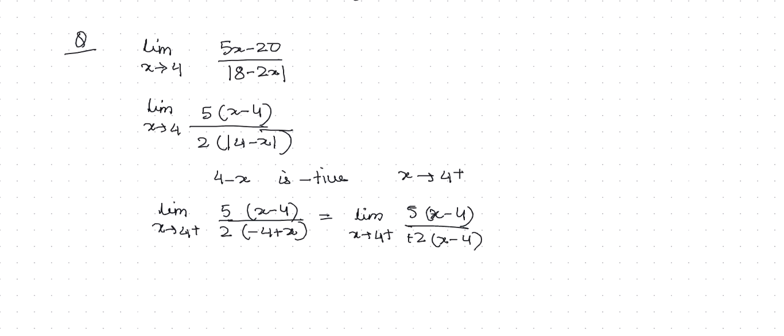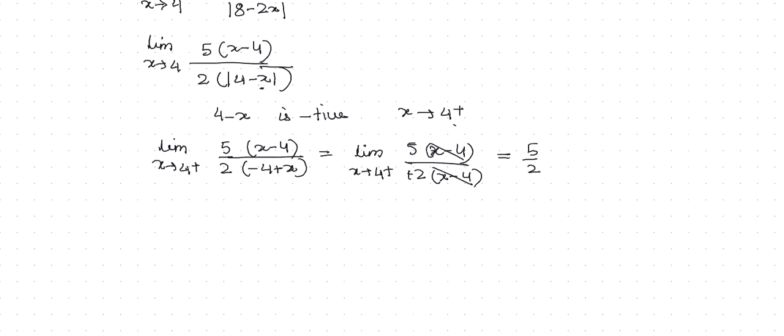So this would give us 5 by 2. Because 4 minus x would be negative as x tends to 4 plus, x would be greater than 4 and this would be negative. So we will write it as minus 4 plus x, and this is x minus 4. So they will cancel, and the limit would be 5 by 2. This would be the right hand limit.